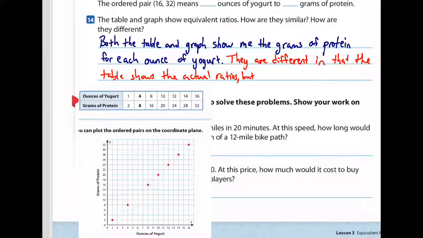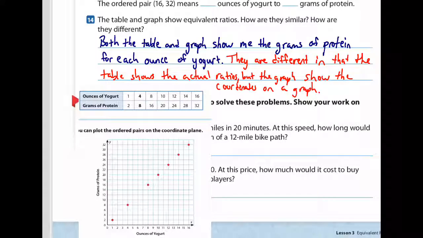But the graph shows the coordinates on a graph. Okay, you might have an answer that's totally better than what I just wrote, and that's totally okay. But as long as you told me how they were alike and how they are different in your own words, I'm going to be okay with that.